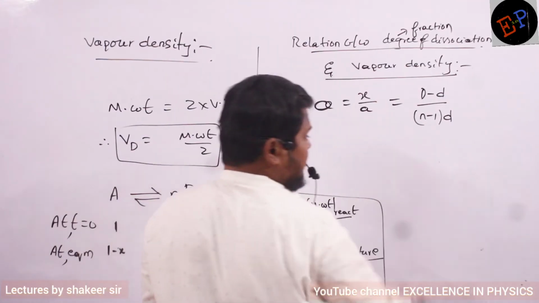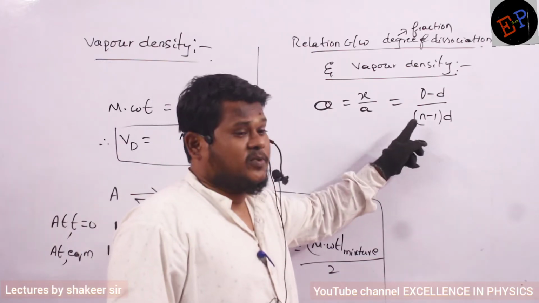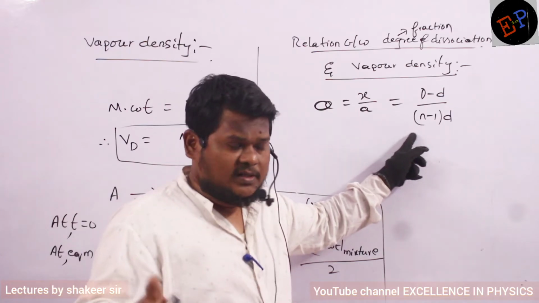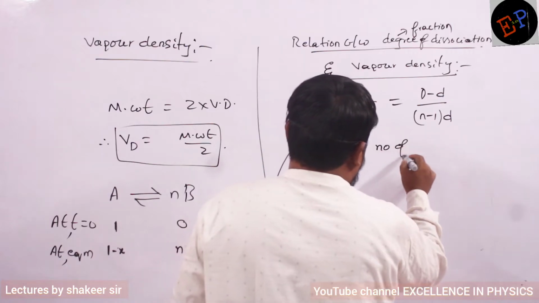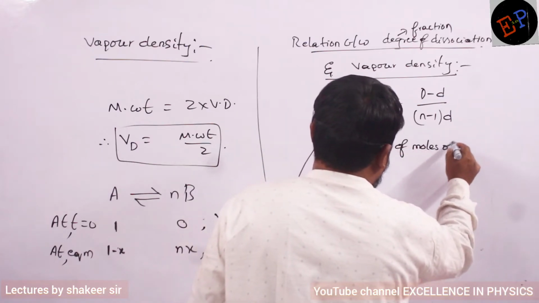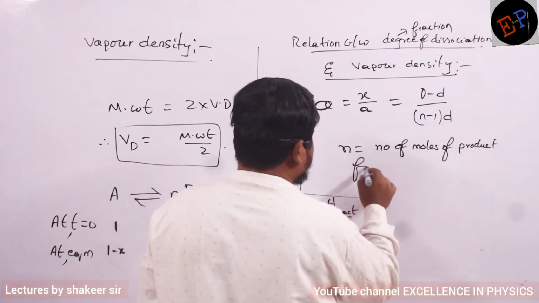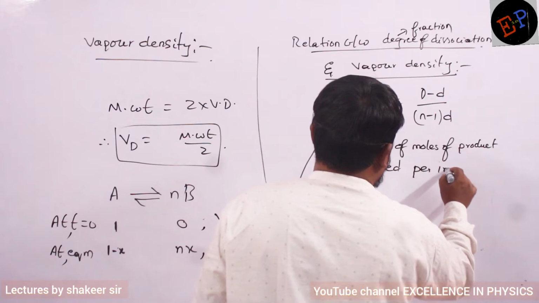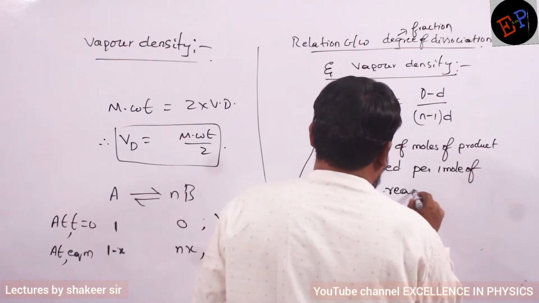And here N is not the number of moles. This is the number of moles of products compared to 1 mole of reactant. So write down the definition of N here: N is the number of moles of product formed per 1 mole of reactant.